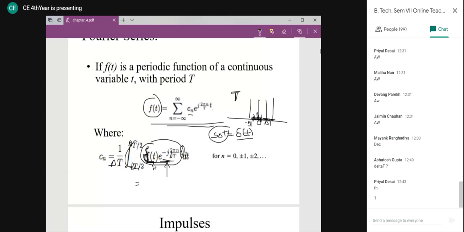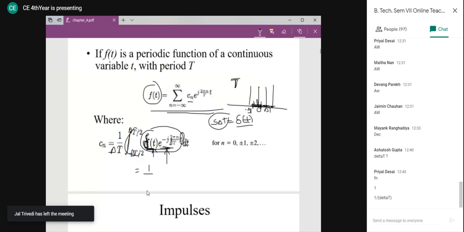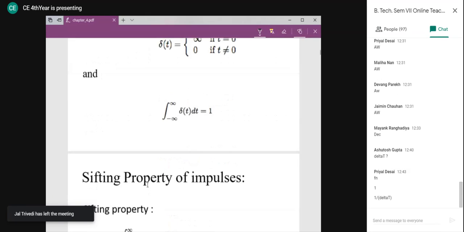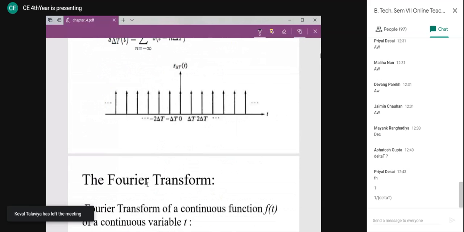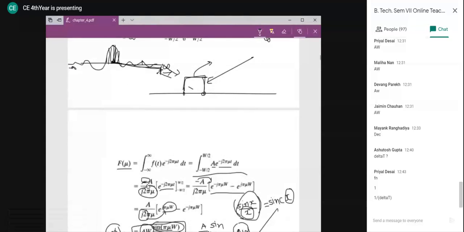If I substitute t equal to 0 here, I get e raised to 0, and that is 1. So what is my result? My Cn is 1 by delta t. Yes, Cn is 1 by delta t. So I obtained the Cn.